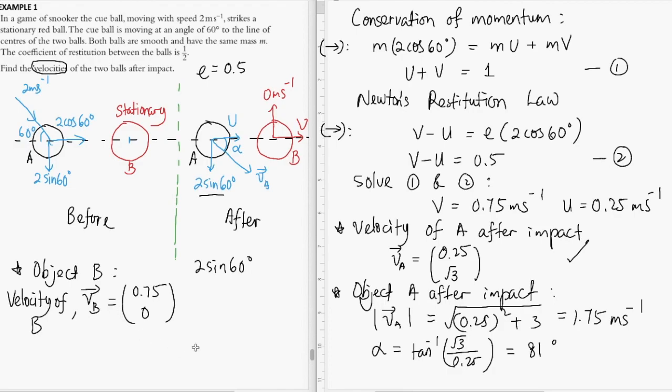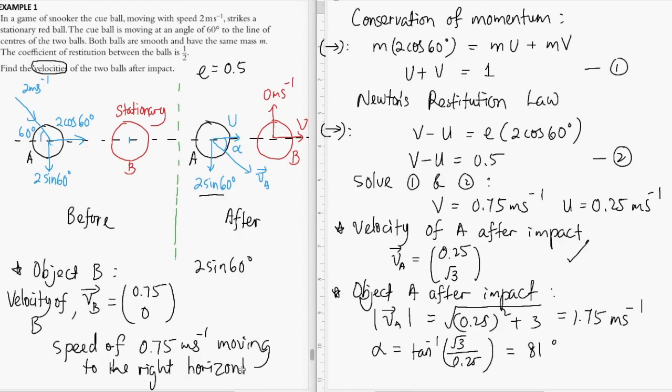Or you can say that object B has a speed of 0.75 meters per second, moving horizontally to the right, based on the diagram that I have drawn.